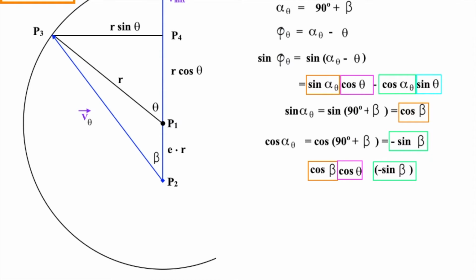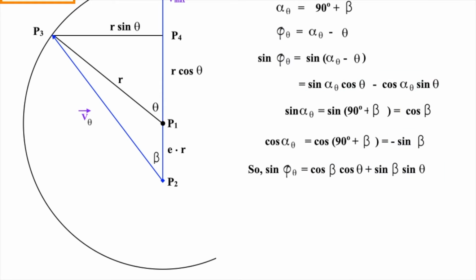We take sine theta from above and move it down. We bring down the minus sign and we see that we have subtraction of a negative number, so we change the two minus signs to a plus sign. So we wind up with this expression for sine phi.